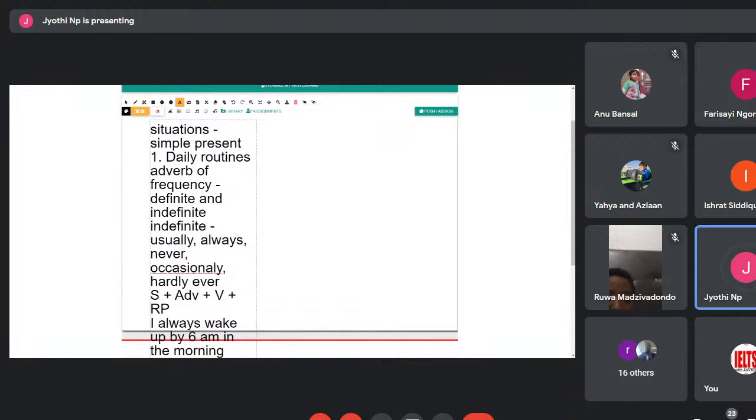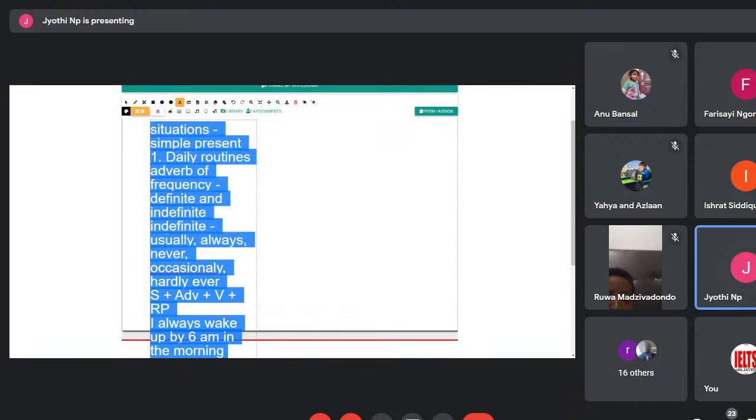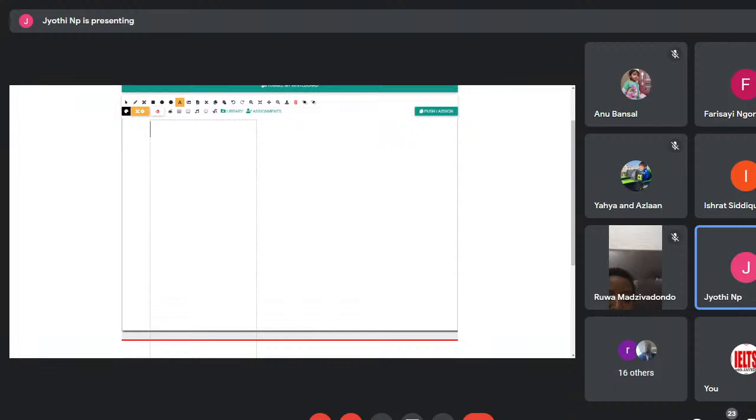Got it? Remember, whenever you want to use an indefinite adverb of frequency, it should come before the verb and after the subject. Okay, guys, any doubts here? Did you all understand?